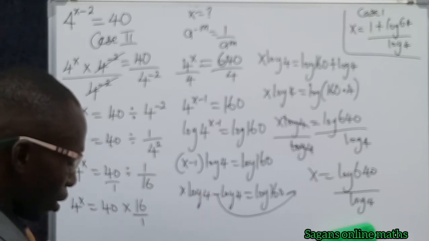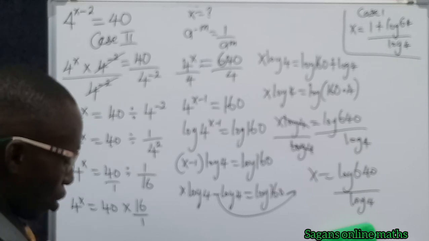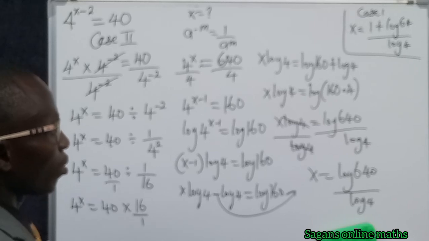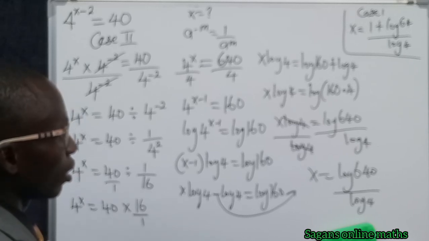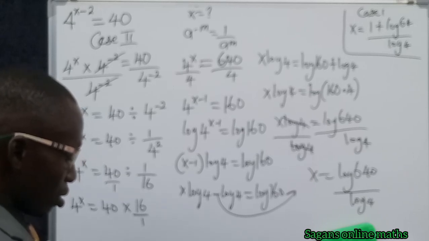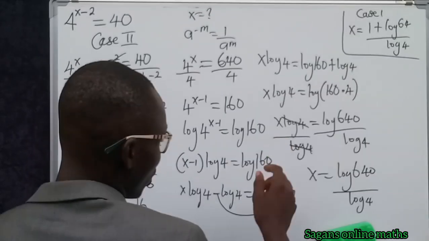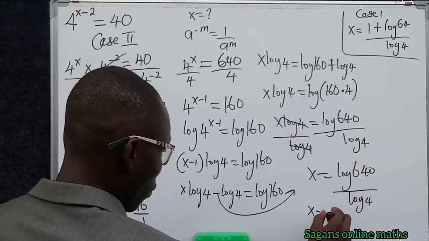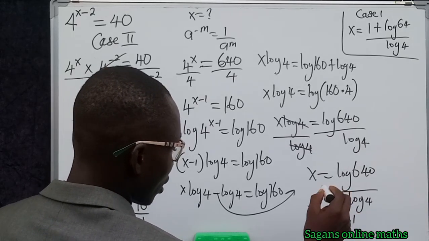Let me see 1 plus log 64, then divided by log 4. All right. The answer, they are correct. They are correct. So see that our x in decimal is equals to 4.661 in 3 decimal places.